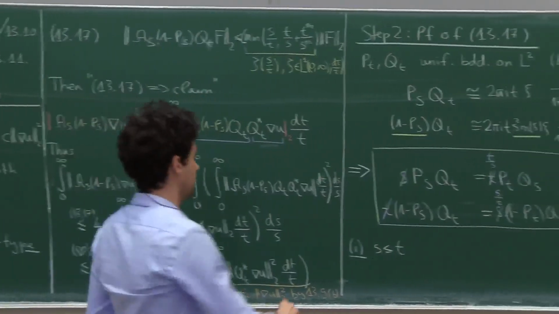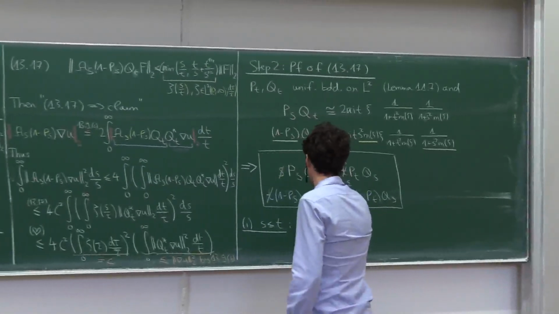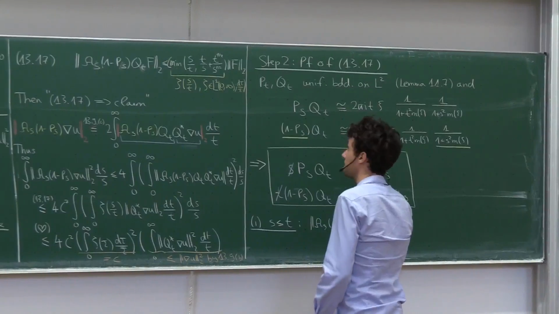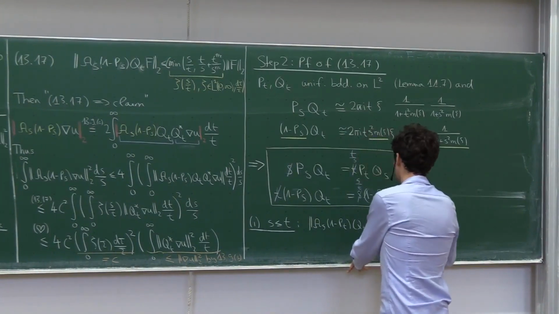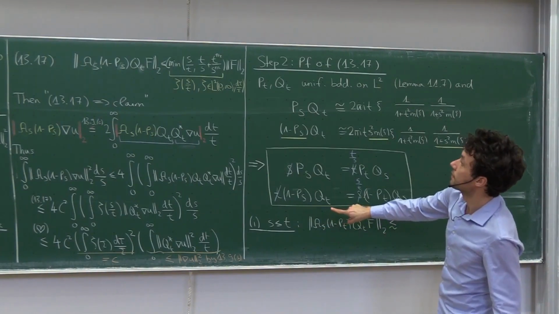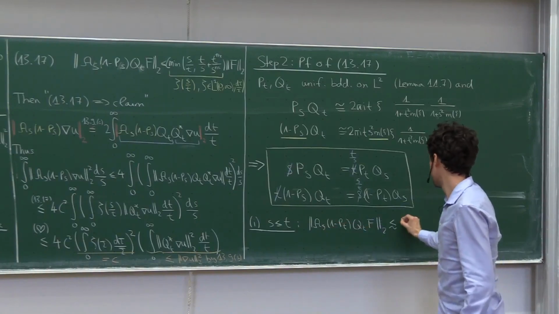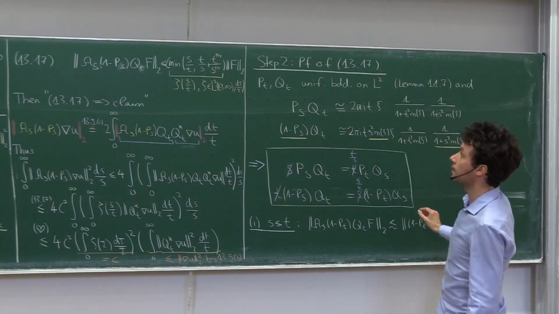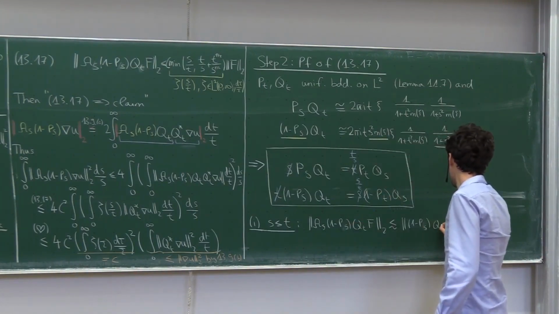And this is easy, because AS (1 minus PS) QT F, this guy is uniformly bounded, so I can just throw it away. So it gives me 1 minus PS QT, there is an S missing, sorry.